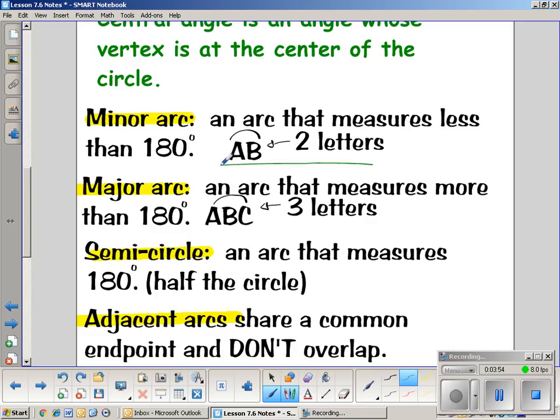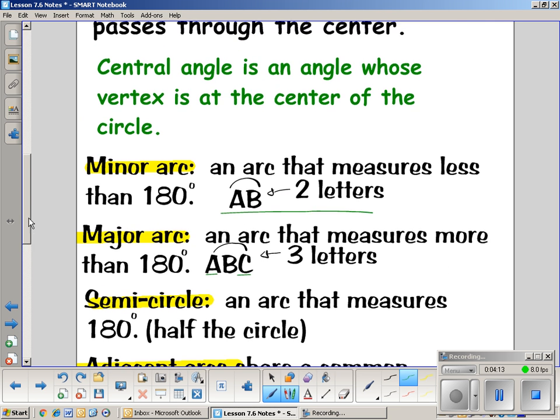Okay? If it's a major arc, has measure more than 180 degrees, then you use three letters. And the two on the outside have to be the endpoints. Okay? So A and C are the endpoints of this arc, and B is another point on the arc.